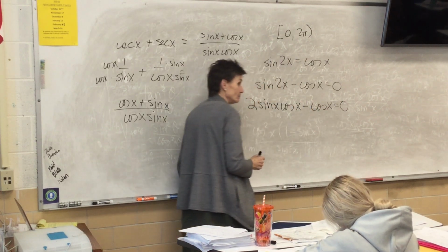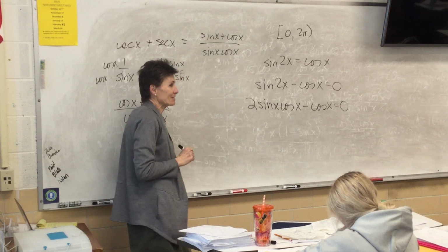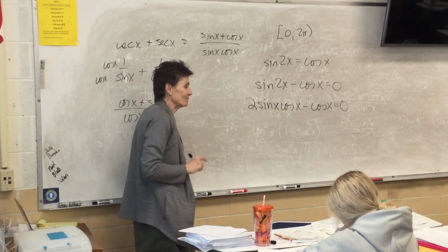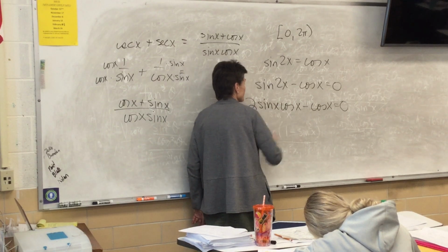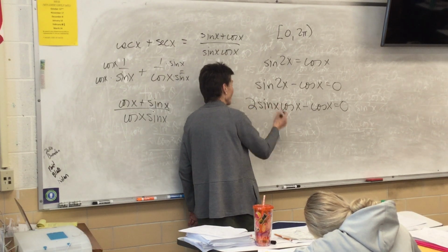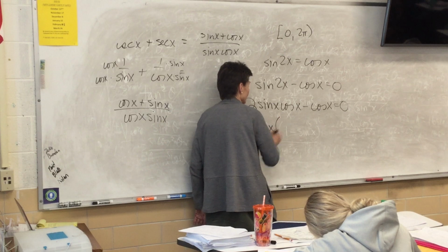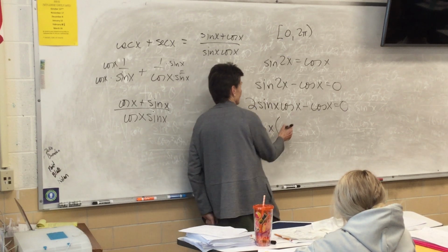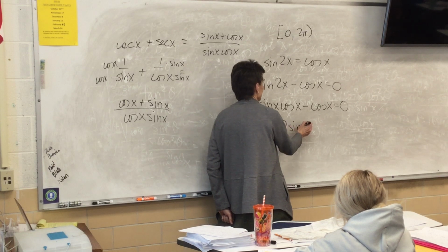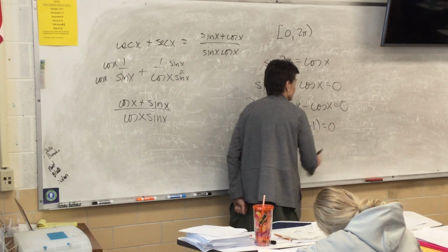Now, Sophia, now I can factor, because when I change this into what it is, 2 sine cosine, now I can take out a cosine. And what will I be left with?